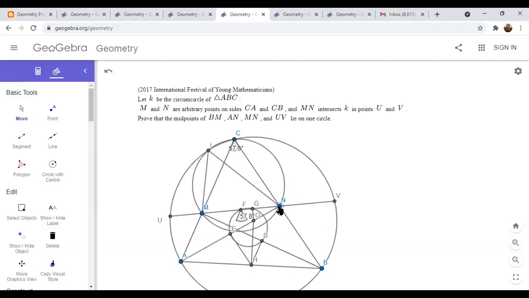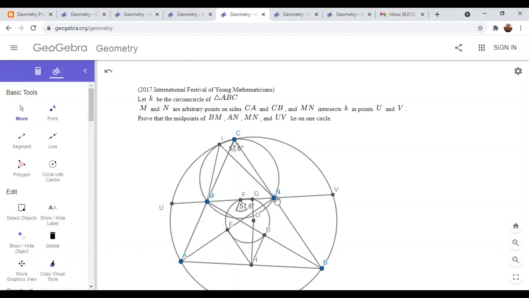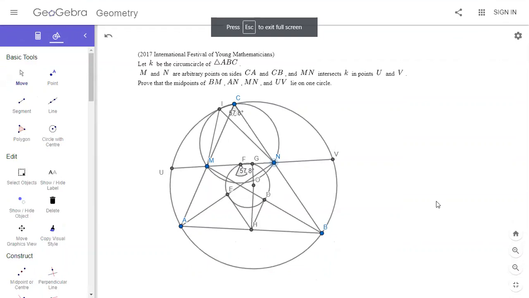I wonder though. Excuse me, I think I've got a solution, but that does not include the points I, etc. Say that one more time.